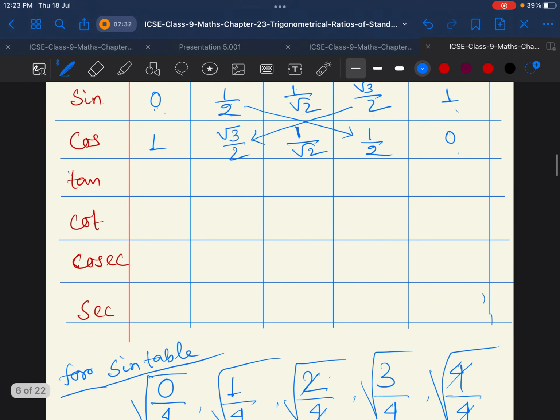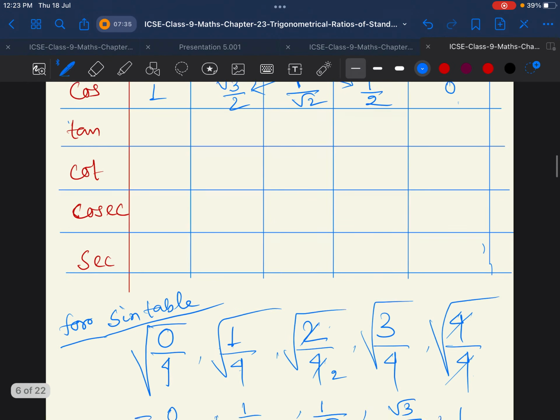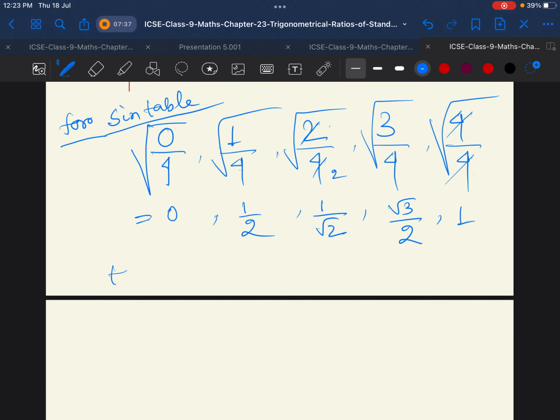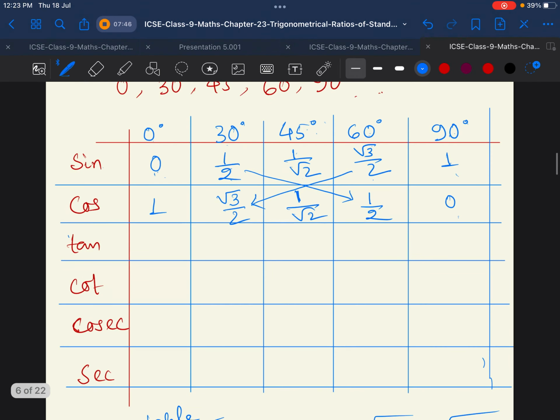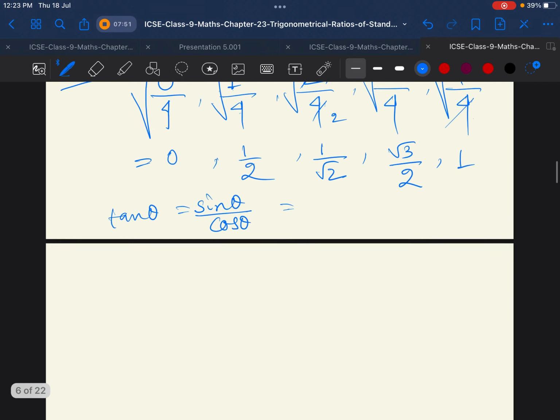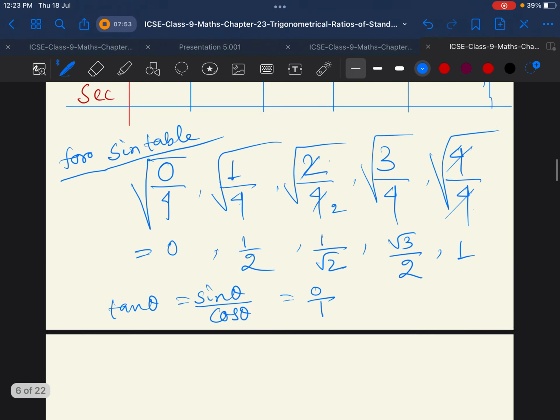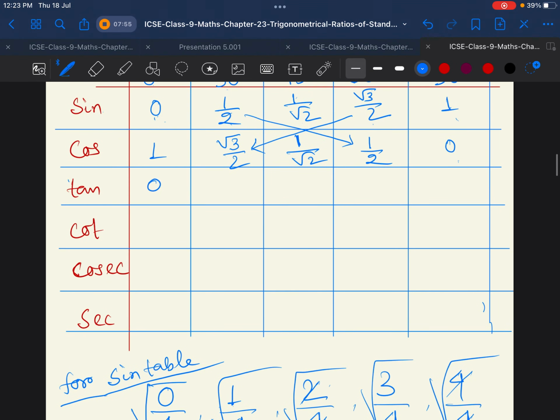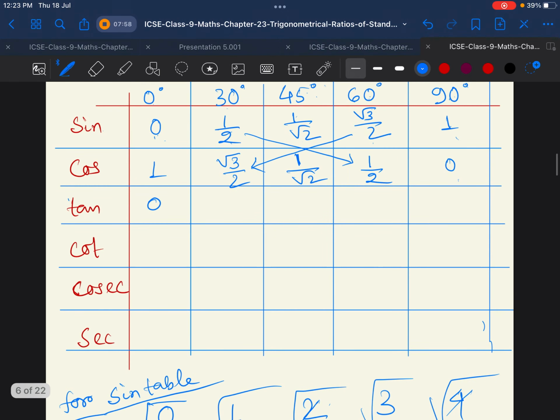Now you see tan. We know tan theta is sin theta by cos theta. So sin 0 is 0 and cos 0 is 1, so 0 by 1 is 0. Now sin 30 is 1 by 2 and cos 30 is root 3 by 2. So 1 by 2 divided by root 3 by 2.